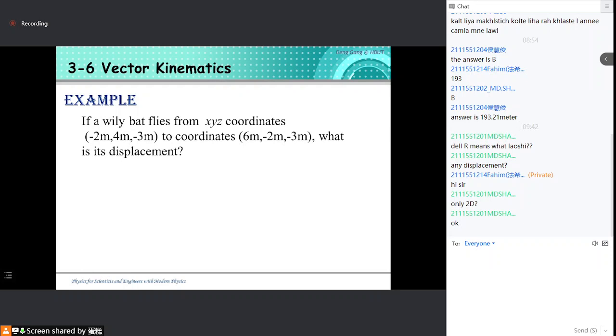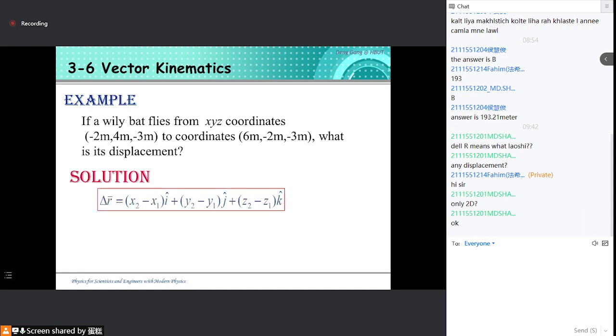But if you want to calculate with triangles, that would be extremely complicated. So if we use component form, the displacement is x_2 minus x_1 for the x component, y_2 minus y_1 for the y component, and z_2 minus z_1 for the z component.